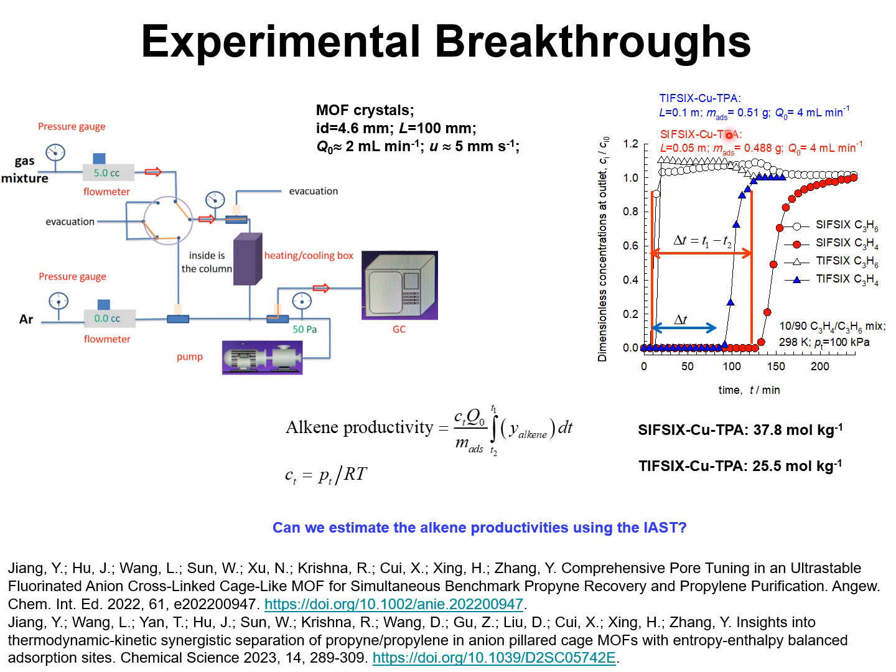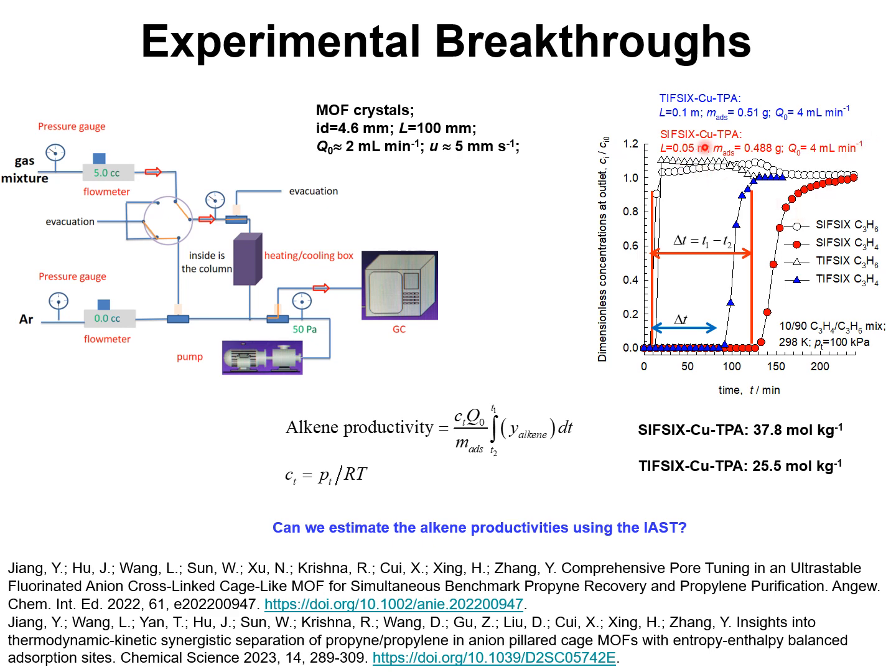I give here the relevant information on the mass of adsorbents packed in the tube. For TIF6 copper TPA, 0.51 grams are packed in the tube, and the inlet flow rate is 4 milliliters per minute.